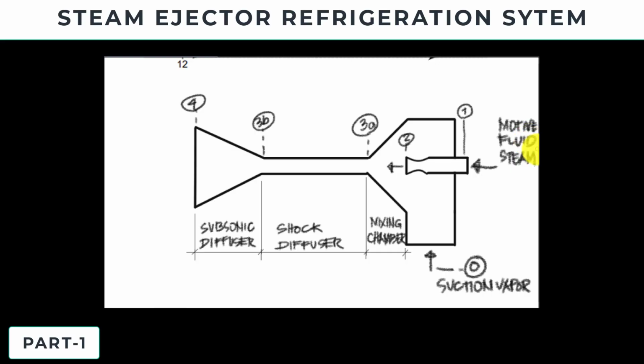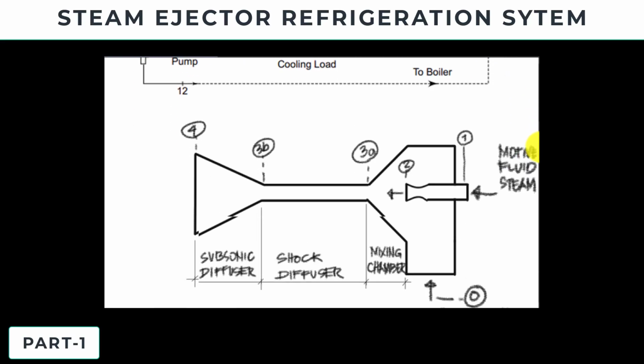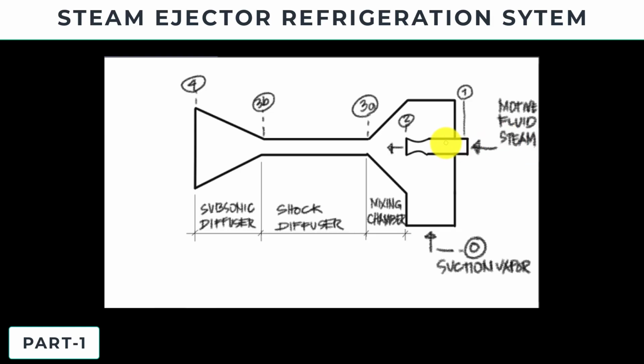Now the motive fluid, or the steam coming from my boiler, enters the injector through a nozzle, where from a high pressure steam, the pressure decreases to point 2, and the enthalpy is converted into high velocity steam.